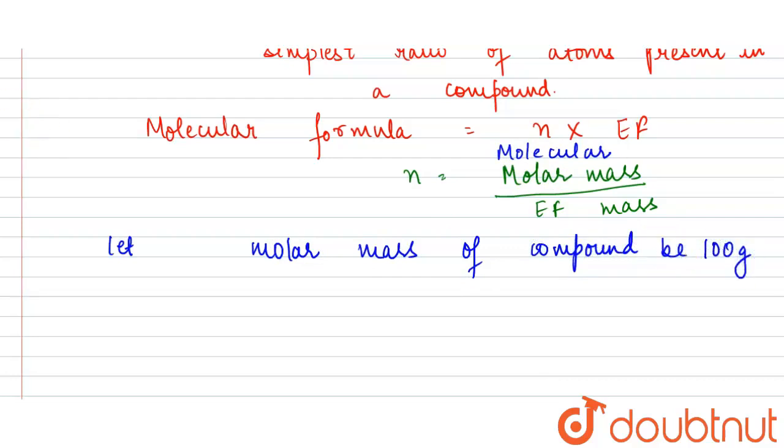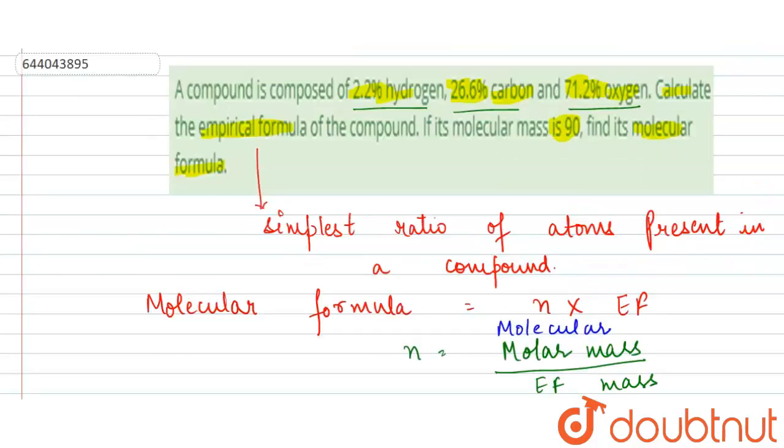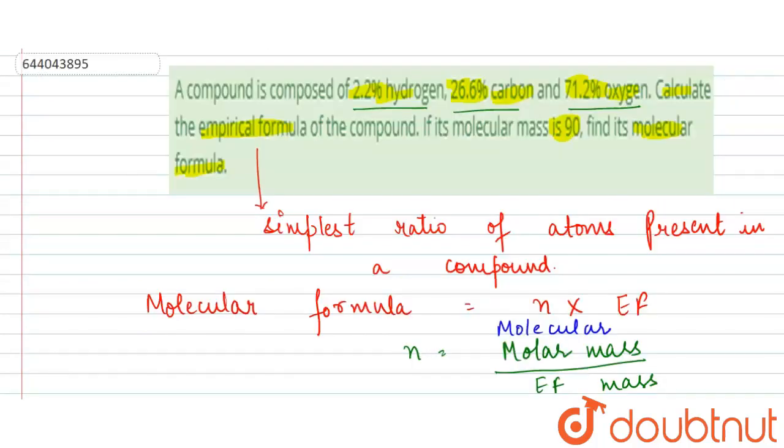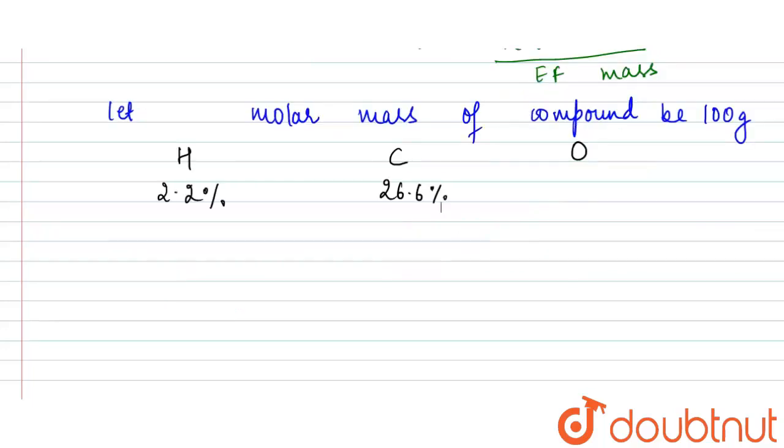In the question we are given the percentage of hydrogen, carbon and oxygen: 2.2%, 26.6% for carbon, and for oxygen it is 71.2%. So if the mass of the compound is 100 gram, it means that it has 2.2 gram of hydrogen, 26.6 grams of carbon and 71.2 gram of oxygen.